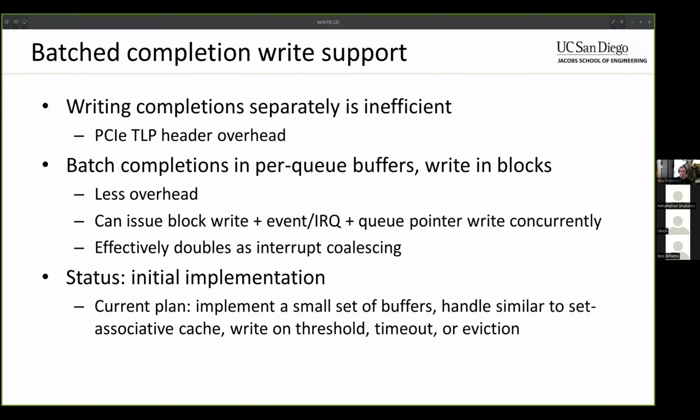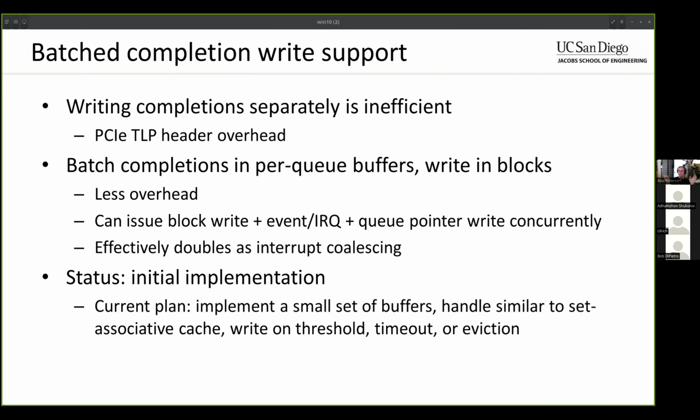Right. Yeah. So my thought with writing the queue pointers out into host memory is basically just grouping everything together: the block write for the completions or events, the event or IRQ generation, and the queue pointer write. We do all those at the same time. So we can queue up several completions or events for a particular queue into an internal buffer.